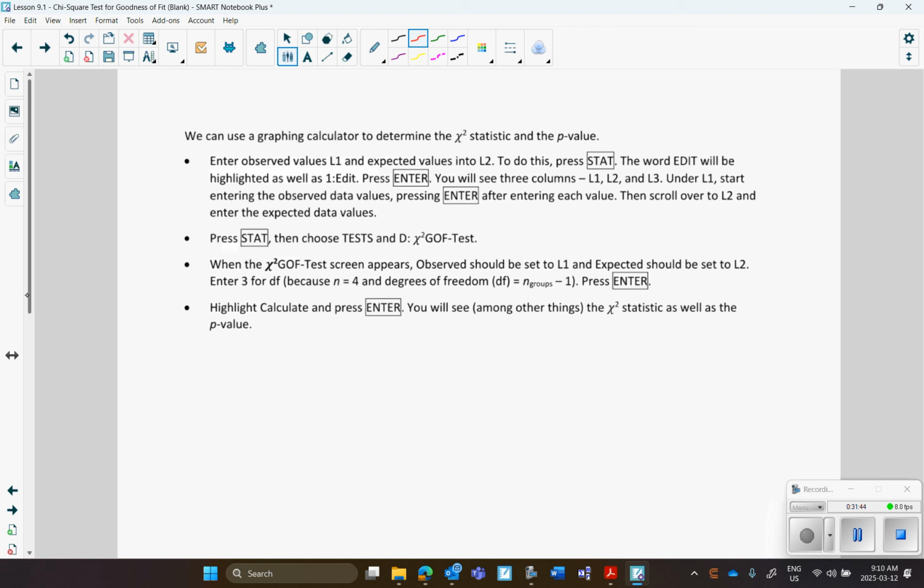Once you enter that, it's going to ask where the observed data is coming from. It should say L1. Where's the expected data coming from? It should say L2. What are the degrees of freedom? The degrees of freedom will be the number of groups you are entering minus 1. So we are entering 4 groups, so the degrees of freedom will be 3.